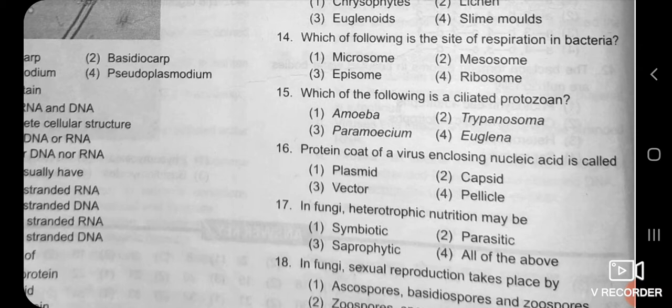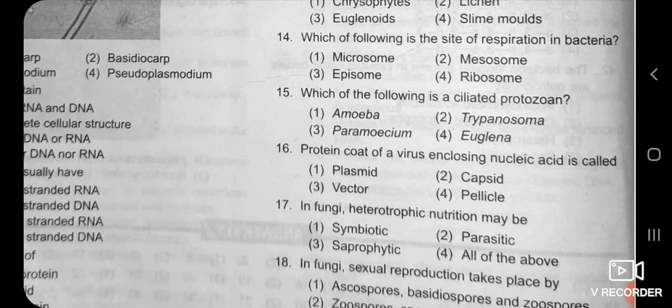Which of the following is the site of respiration in bacteria? Now, do not get confused in this question, because it is not a question from the unit Cell: The Unit of Life. In the kingdom Monera also, you can get this question.